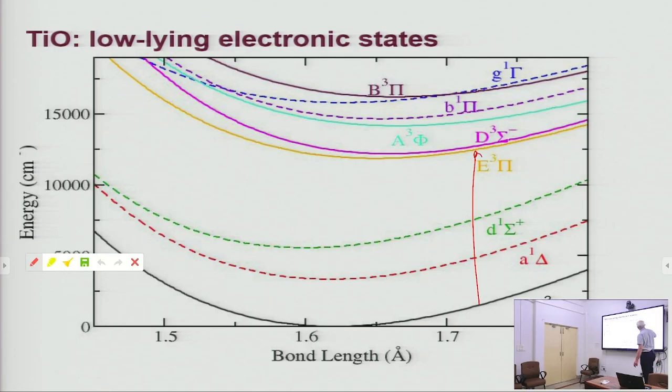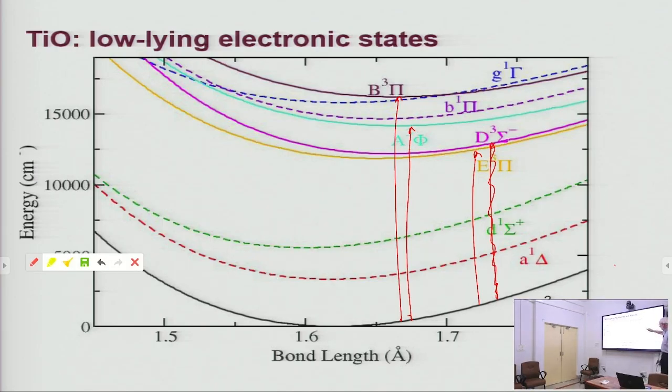Triplet delta can go to triplet pi, it can go to triplet sigma minus, and it can go to triplet phi as well, okay? So we're allowed all that, because they're all delta L. Sorry, the one I've got wrong is this one. You can't do that. That's a forbidden transition, because delta L would be 2.